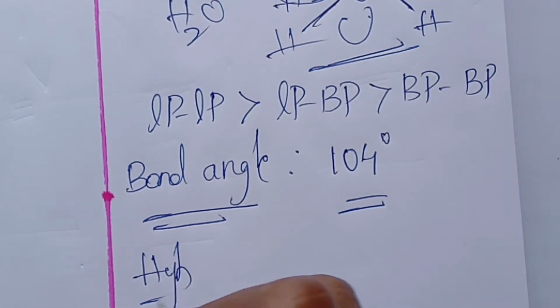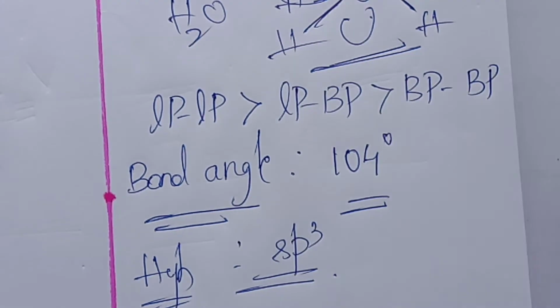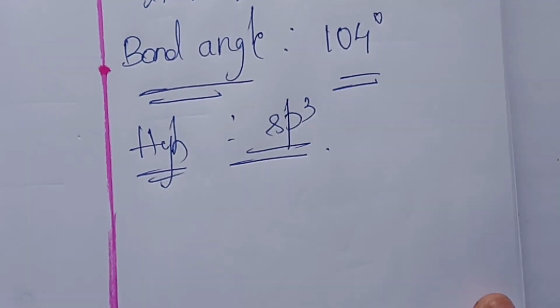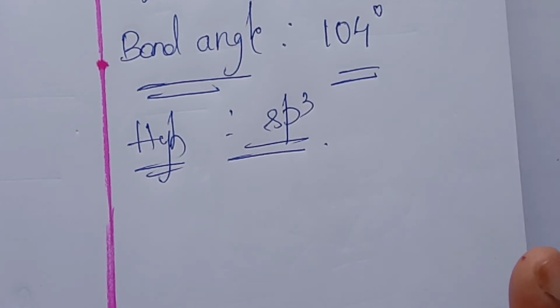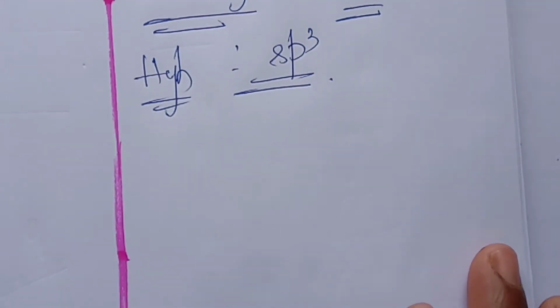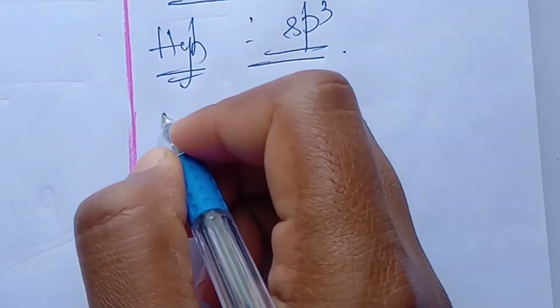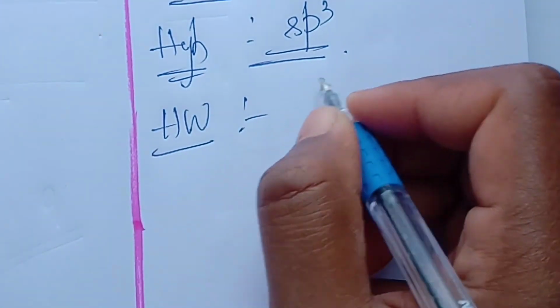Then hybridization is sp3. Okay students, it is such an easy and beautiful chapter. I love explaining this concept because VSEPR theory is my favorite topic in inorganic chemistry. Then some homework or do-it-yourself questions.